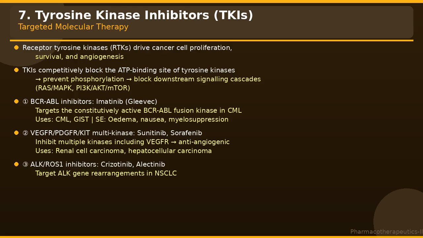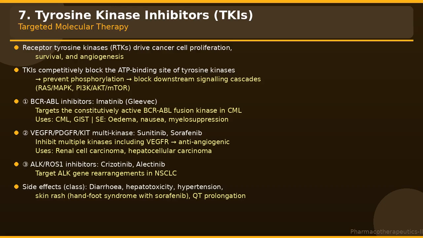Imatinib revolutionized the treatment of CML and also targets KIT in gastrointestinal stromal tumors. Multi-targeted TKIs like sunitinib and sorafenib inhibit VEGFR, PDGFR, and KIT simultaneously, providing both anti-angiogenic and anti-proliferative effects.